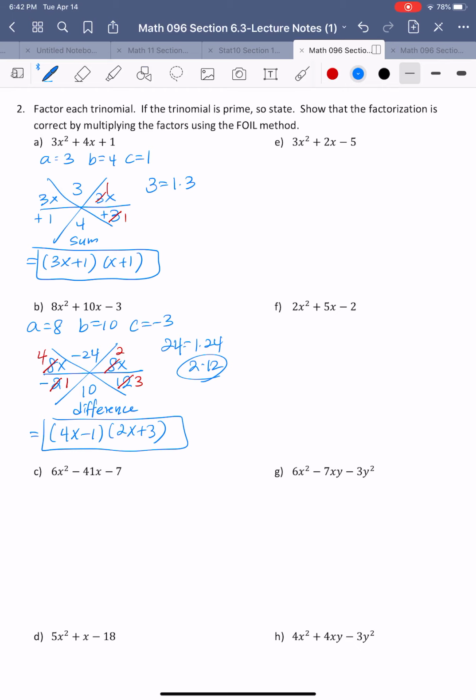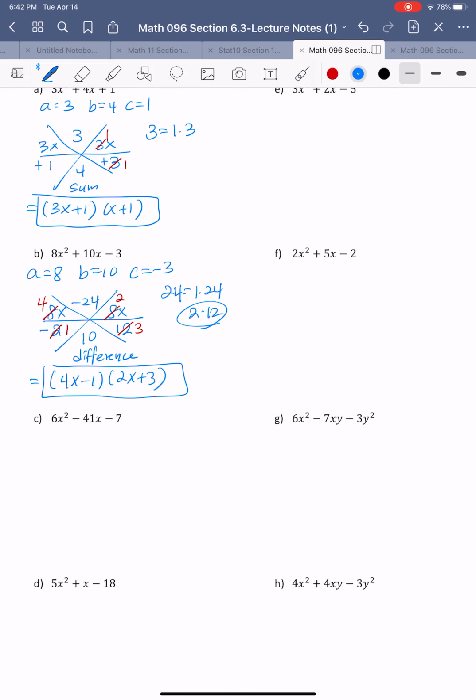Now, 6x squared minus 41x minus 7. So A is 6, B is negative 41, C is negative 7. If you do that, 6 times negative 7 is negative 42, and negative 41, and 6x and 6x. Now from the 42, 1 times 42, do you see we already got a difference of 41? 1 and 42.